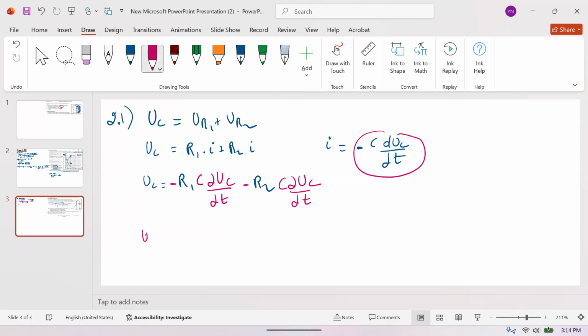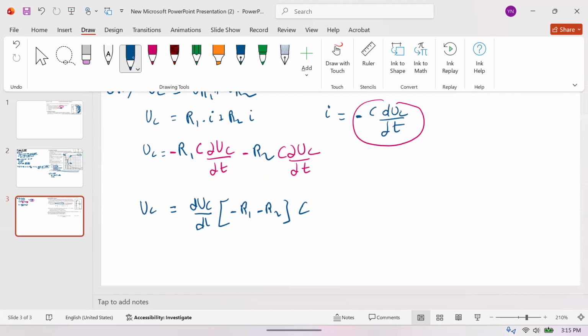Let's take dUc over dt as a common factor. What do I get? I will get dUc over dt times minus R1 minus R2 C. So I took C and dUc over dt as a common factor. Now, what do I do with this negative sign here? I can simply throw it outside, and I will have plus here and here.